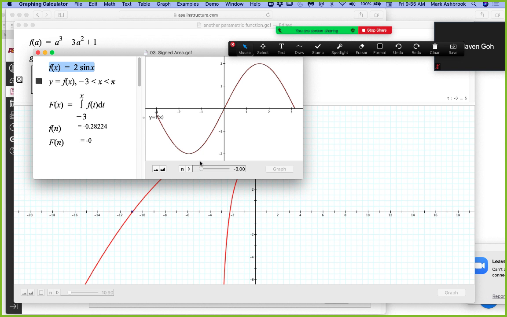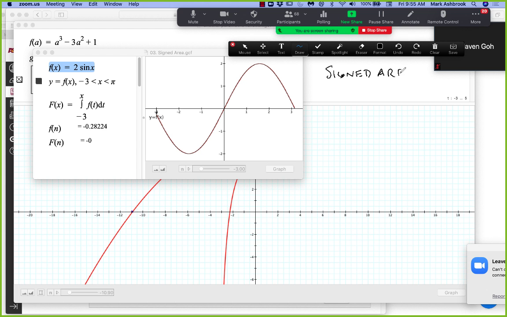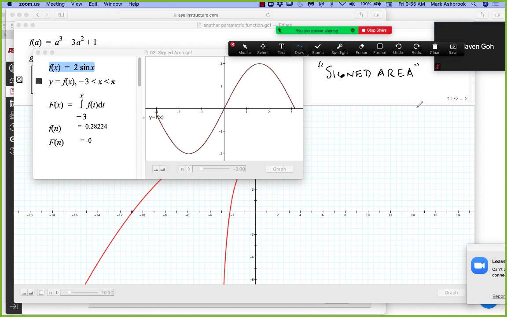That'll work fine. Okay, so let's talk about signed area. Remember, that was a particular accumulation function that we looked at. At the beginning of the course we looked at this idea of how fast a quantity is changing at every moment.